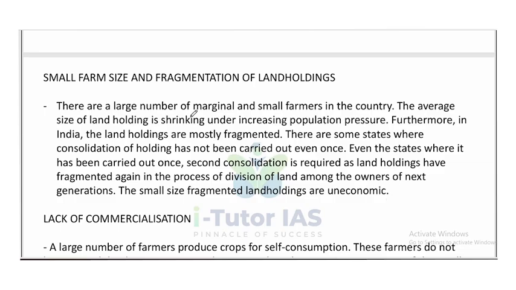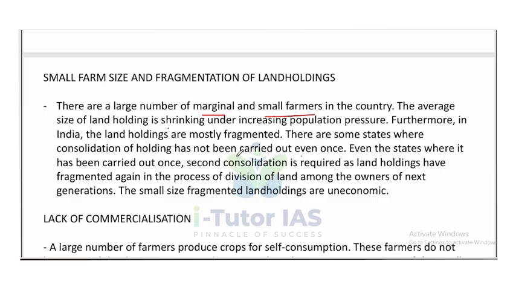Now, small farm size and fragmentation of land holdings. There are a large number of marginal and small farmers in the country. The average size of land holding is shrinking under increasing population pressure. Furthermore, in India, the land holdings are mostly fragmented. There are some states where consolidation of holding has not been carried out even once.